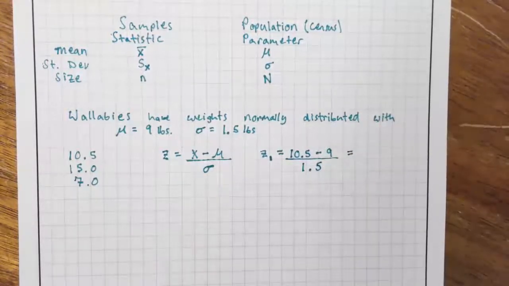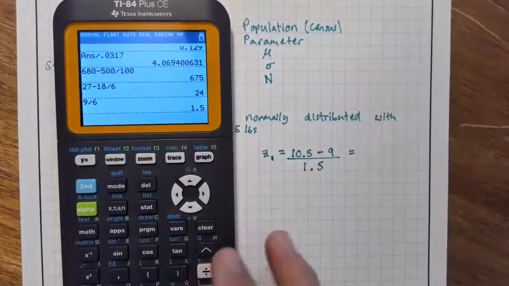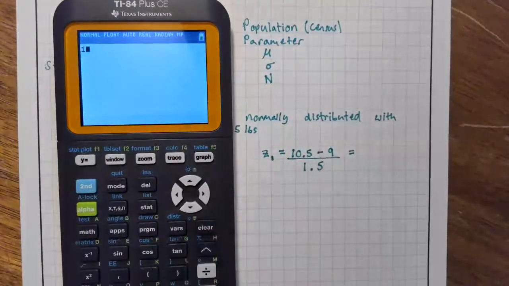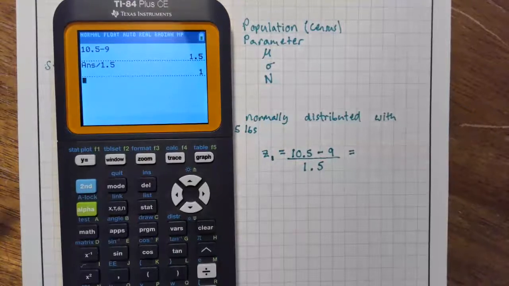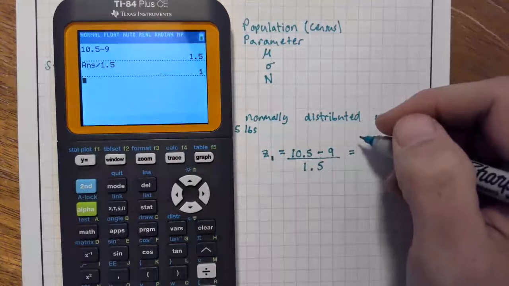Okay, so we get out a calculator. Be careful when you're doing this on a calculator, by the way. You want to do 10.5 minus 9, get that amount, and then divide by the standard deviation. So there you go. A z-score of 1. He is 1 standard deviation away from the mean.